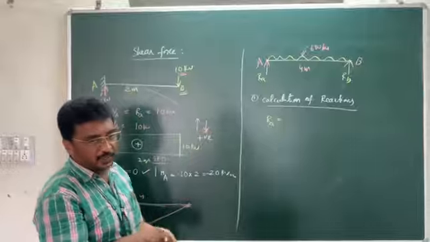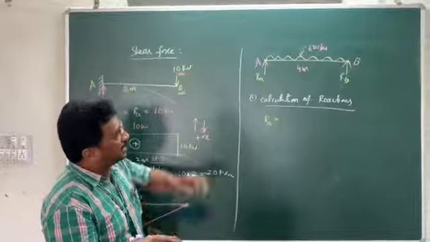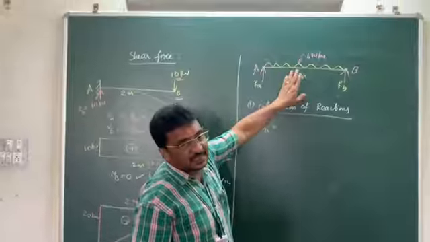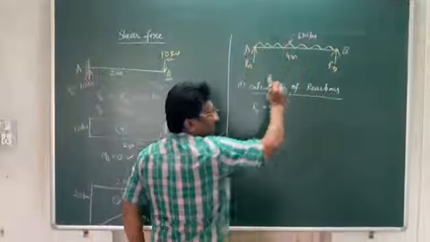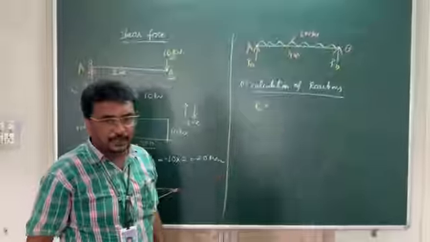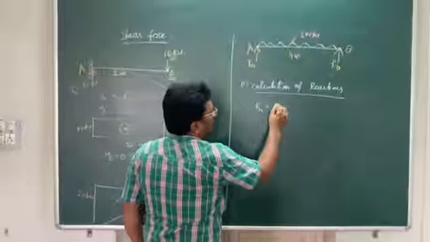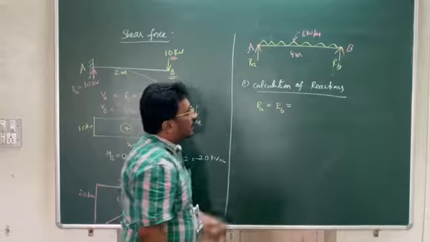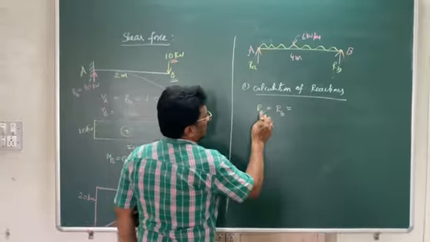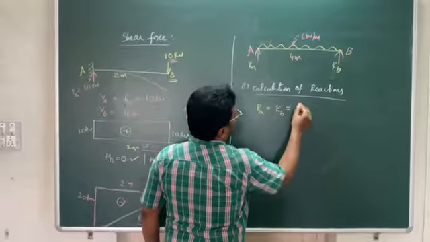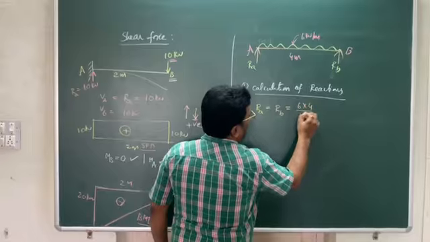In addition, this beam is perfectly symmetric: with respect to supports, load and geometry. Hence the total load is equally distributed to both supports, and the reaction at A and reaction at B are both equal to the total load divided by 2.